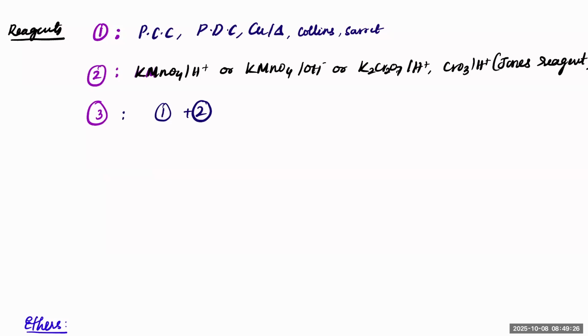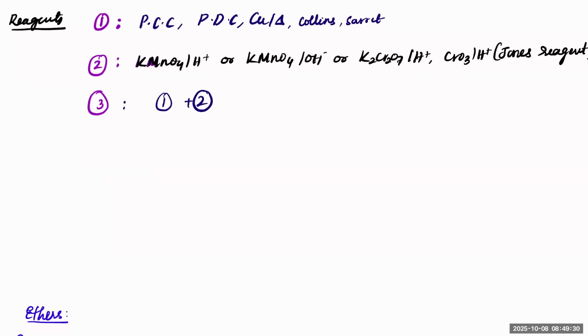Got it? Now, in all of these cases, when it comes to oxidation state changes, what you will notice, MnO4 in H plus is changing from +7 and it will go all the way down to +2.